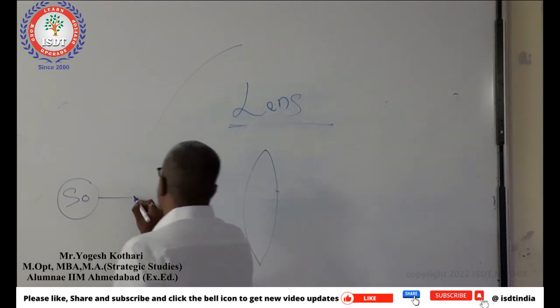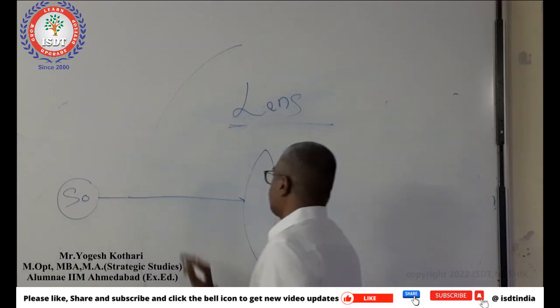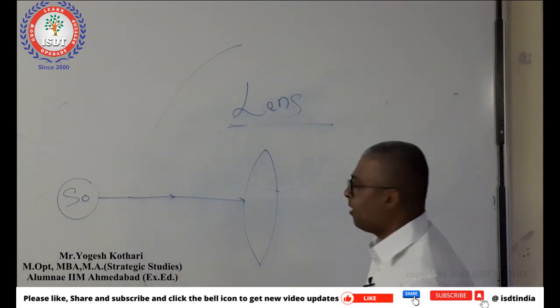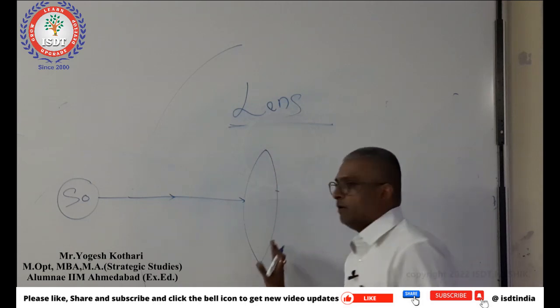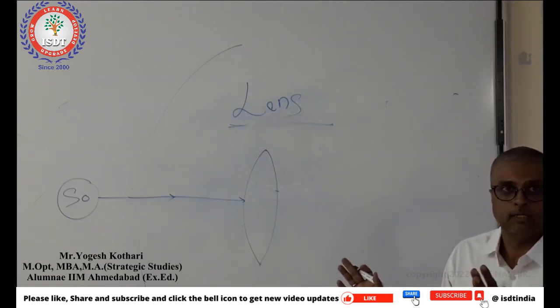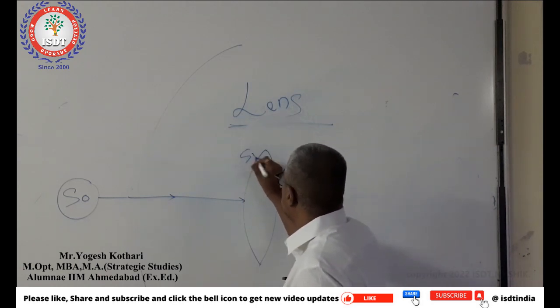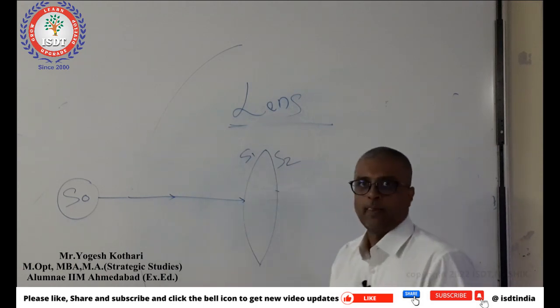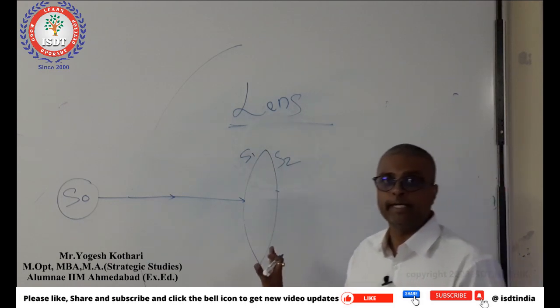Now when this light strikes this surface, it passes through this. We can say this is a thick lens, the lens which has certain thickness in between. This is surface 1, this is surface 2 of that lens. Both the surfaces have some finite radius.